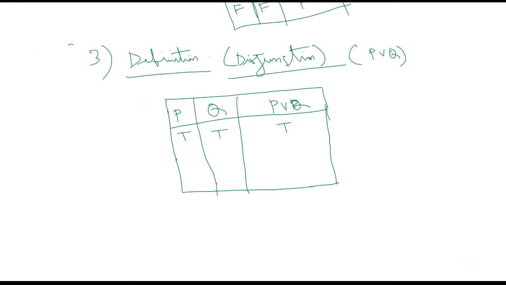Suppose P is true, Q is false, P or Q is true. Next, P is false, Q is true, P or Q is true. Suppose P is false, Q is false, P or Q is also false.